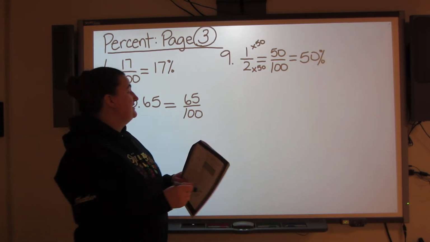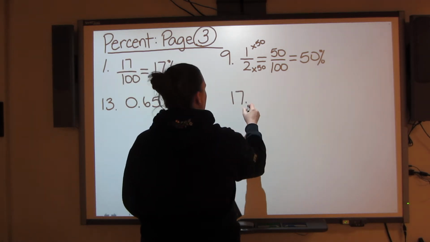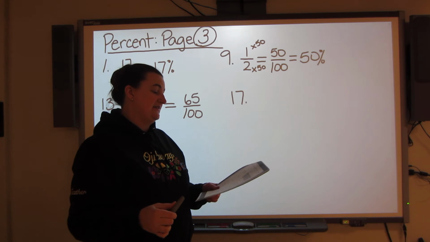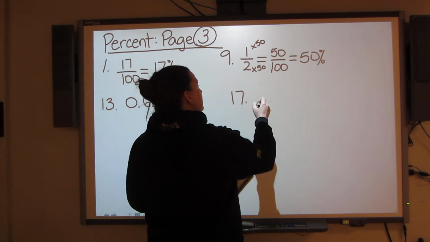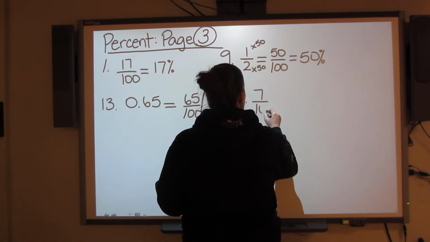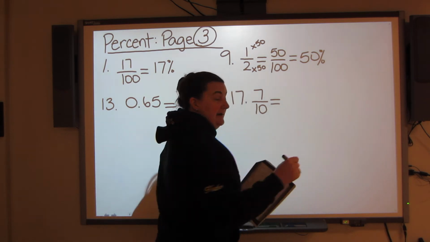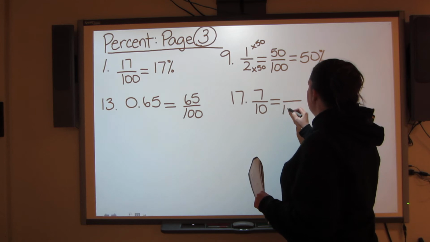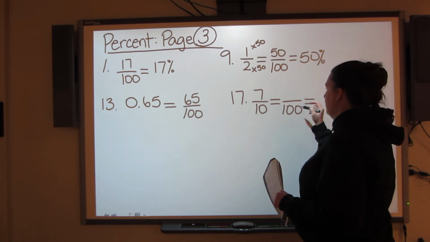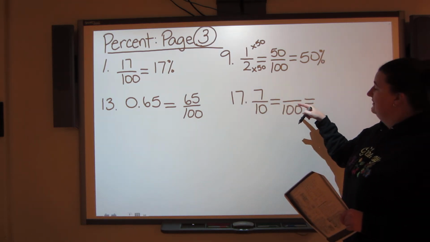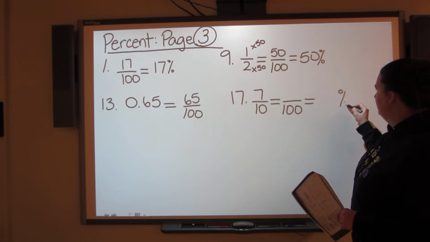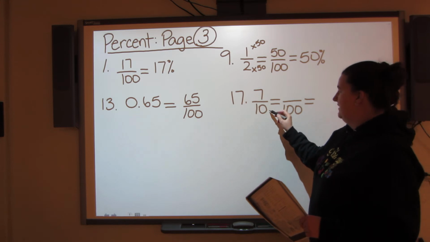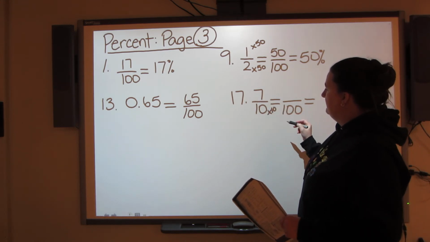Let's talk about number 17. Number 17, it says write each fraction as a percent. Now we've done this before, where you're given 7 over 10, and you need to write it as a percent. Now changing a fraction to a percent, you find the equivalent fraction with a denominator of 100, and then you've got the percent. So 10 times something is 100, 10 times 10.